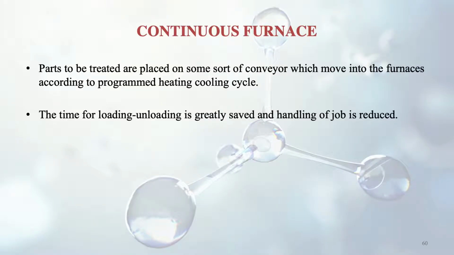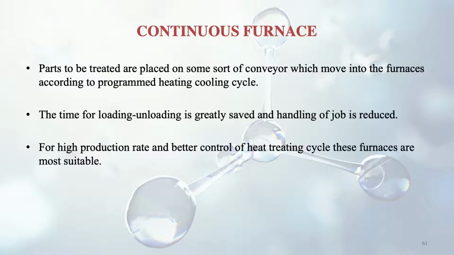The time for loading unloading is greatly saved in this case, because it's continuous type, and the handling of the job is also reduced. So these are the advantages of this continuous furnace. So we are saving time here. For high production rate and better control of heat treating cycle, these furnaces are most suitable. Obviously, if it is a continuous process, we will have a high production and we can control the heat treating cycle also in a much better fashion.